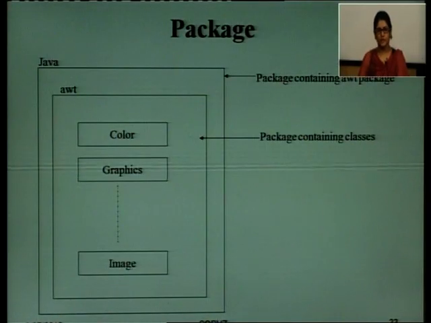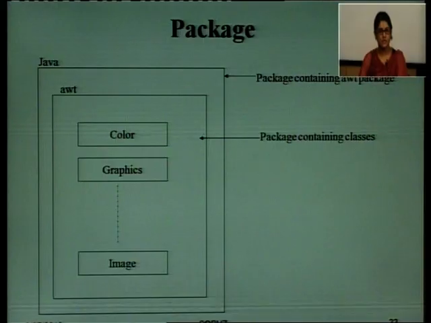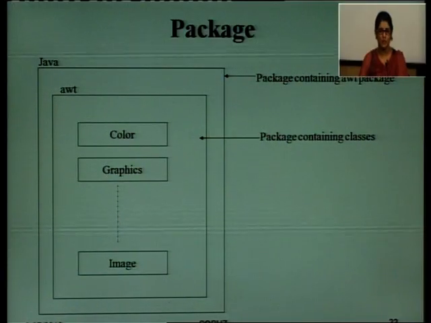So, this is the way the packages look. First of all, we have Java, and within Java we have some specific package, that is AWT, which stands for abstract windowing toolkit, and within that AWT package you have a number of classes: color, graphics, image. There may be buttons, labels and radio buttons, checkboxes as well.